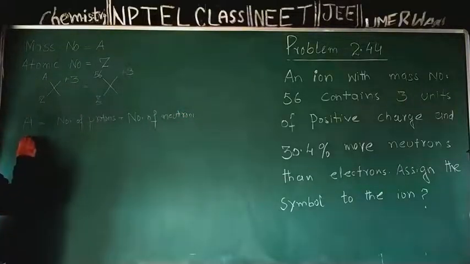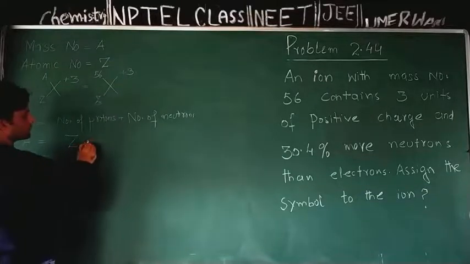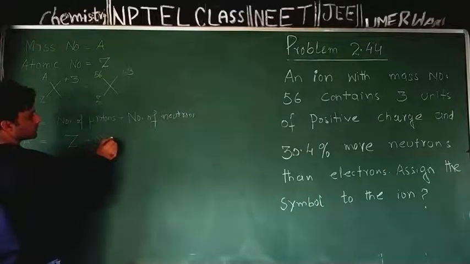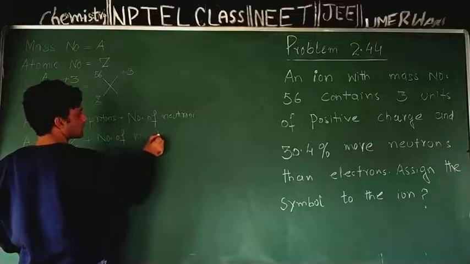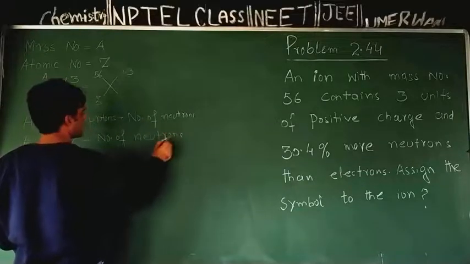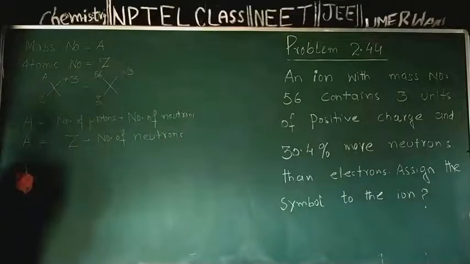From here I can write A is equal to number of protons represents atomic number Z plus number of neutrons. From here I can find number of neutrons.